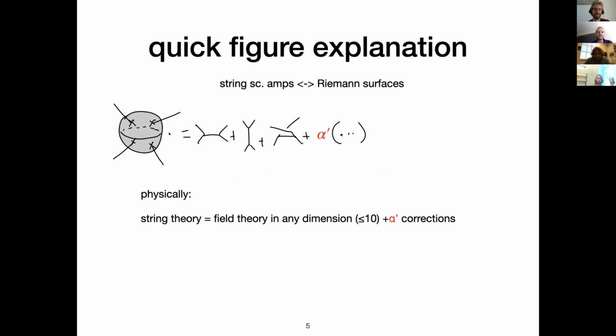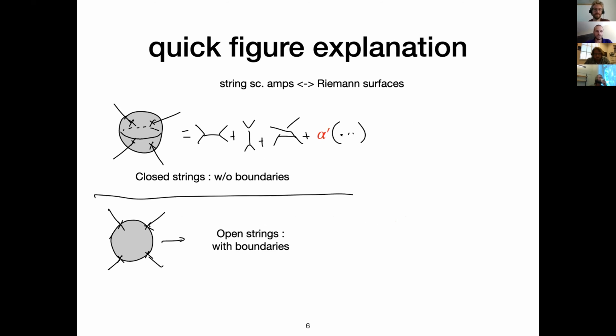So when you see something like this big blob sphere with 4 points, it corresponds to a 4-point scattering in closed string theory. Physically that object encompasses the field theory results and a bunch of alpha prime corrections. Alpha prime is the length of the string squared, so these are corrections that vanish when the string is very small.